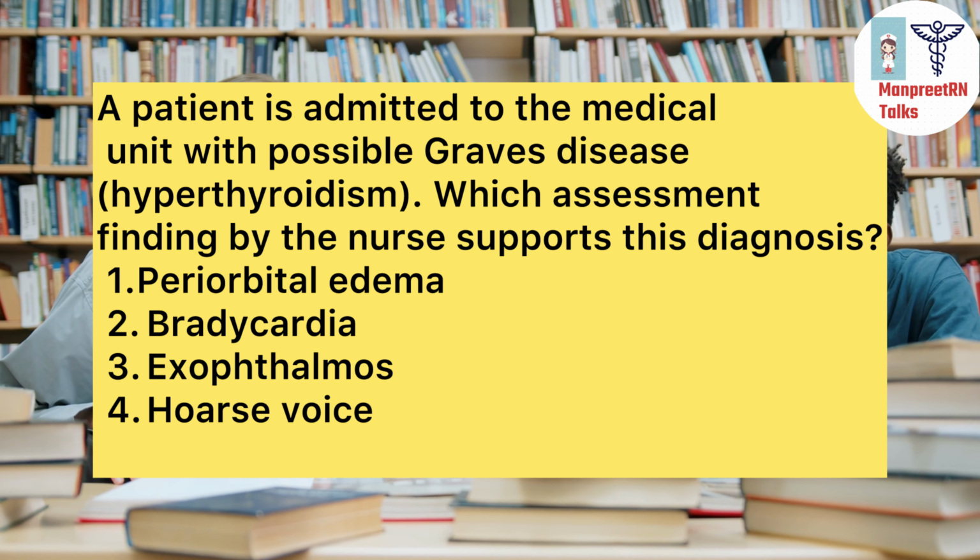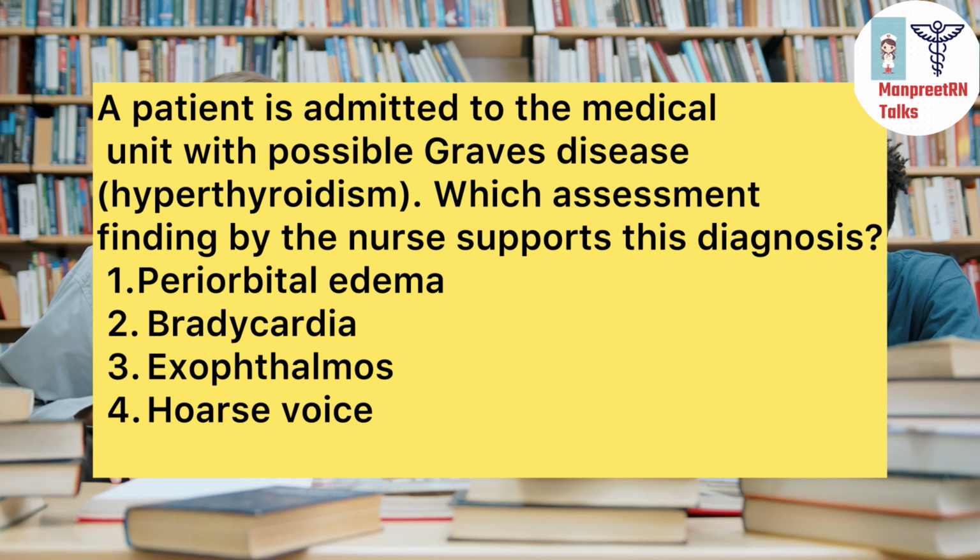Next, a very important question. A patient is admitted to the medical unit with possible Graves disease. Graves disease means hyperthyroidism. Which assessment finding would the nurse expect for this diagnosis? Periorbital edema, bradycardia, exophthalmos, or hoarse voice? Think what the correct answer will be.